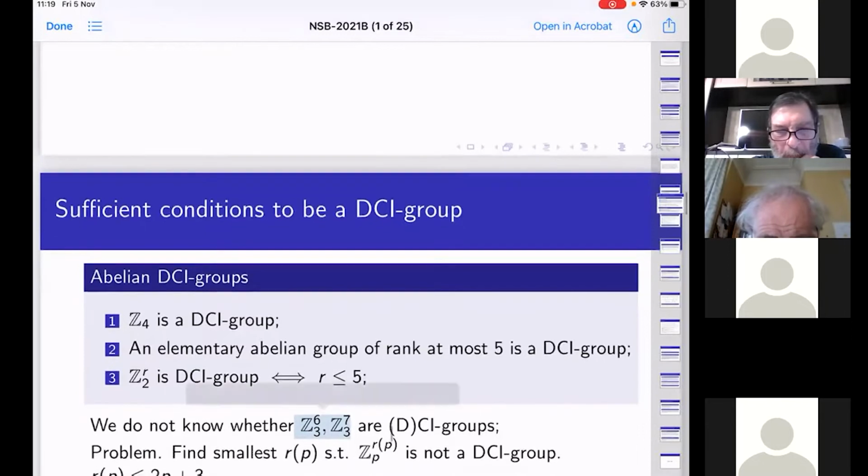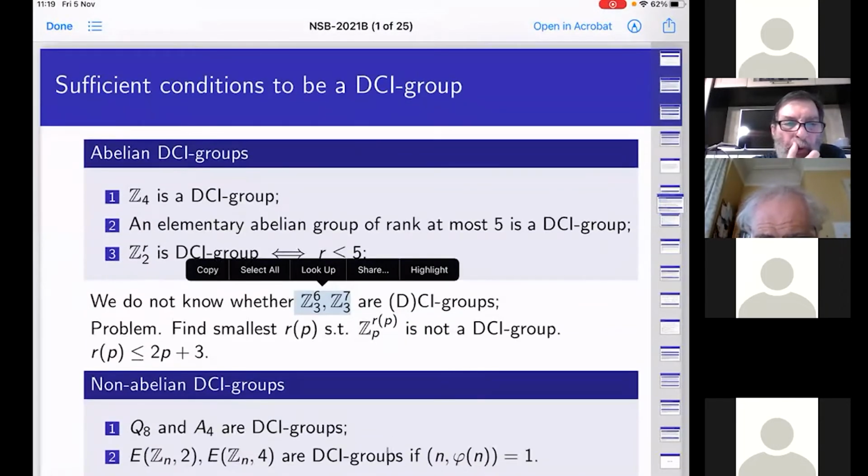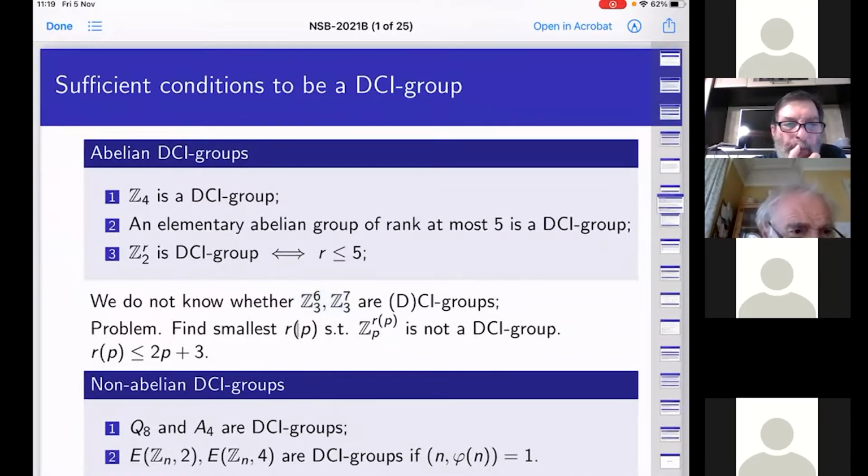Now, in general, there is the following problem. I give you a prime number and I want to know the minimal rank such that the group is not DCI. Due to Gabar-Somley, we know that this rank is at most 2p plus 3. But we don't know exactly what it should be.